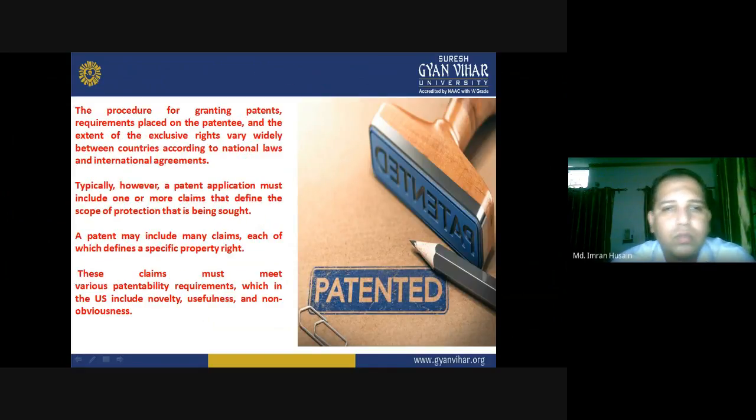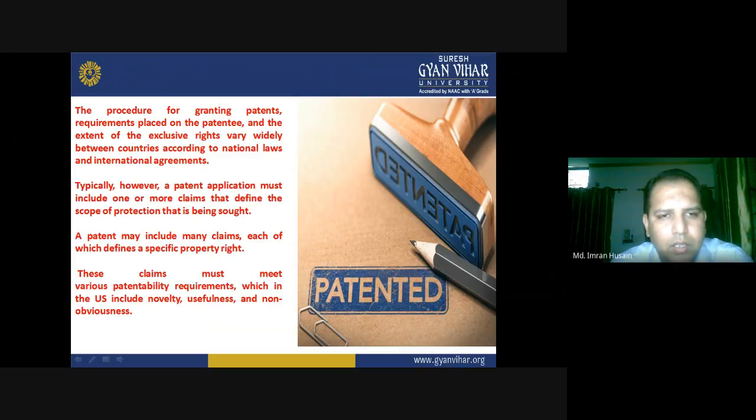The procedure for granting patents, the requirements placed on the patentee, and the extent of the exclusive rights vary widely between countries according to national laws and international agreements. So it depends totally on the patentee: what are the things that you are getting patented, and what are your requirements?